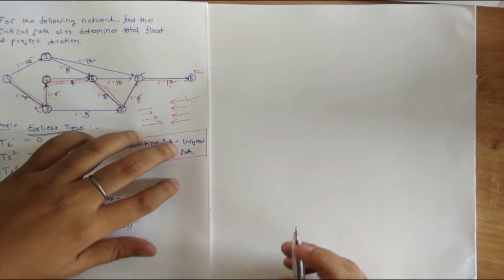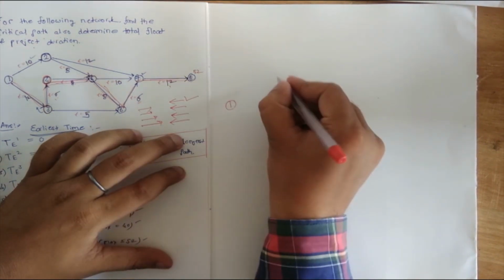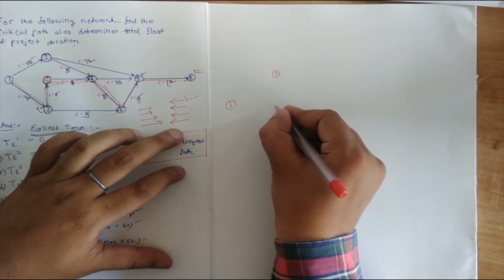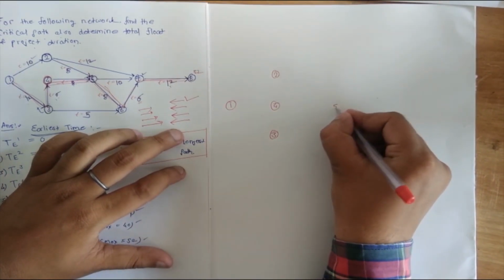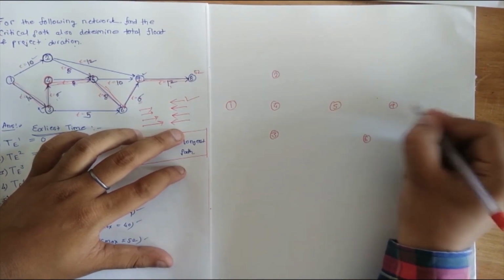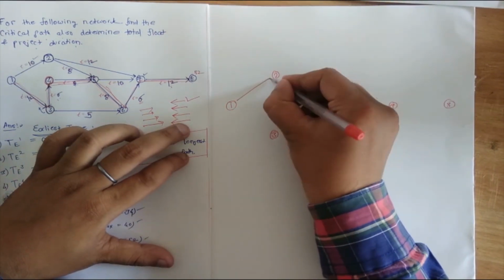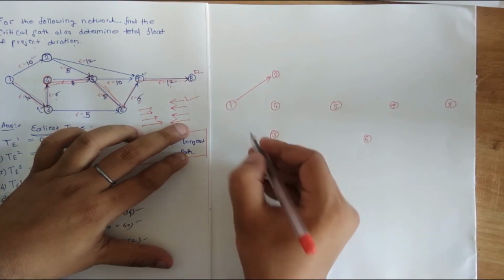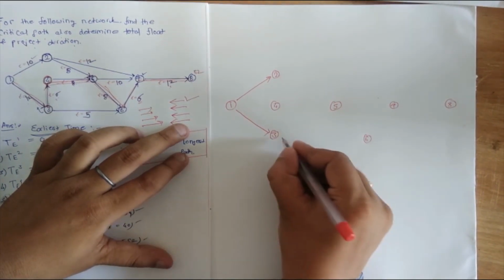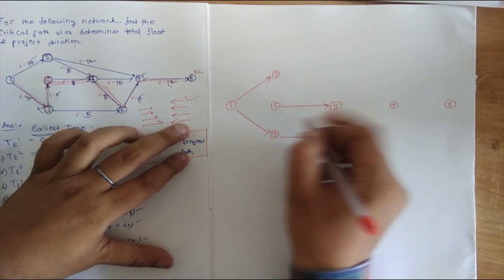So now we'll draw afresh the diagram which is given in the numerical, but in a modified way. 2, 3, 4, 5, 6, 7, 8. The neatness and cleanness should be maintained.